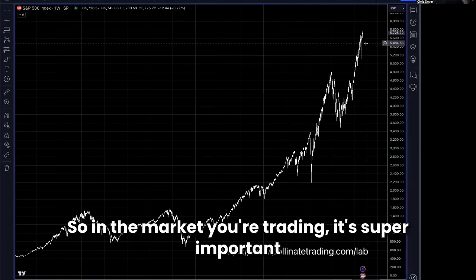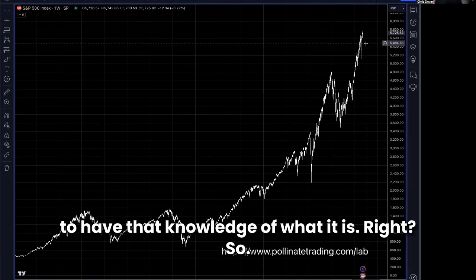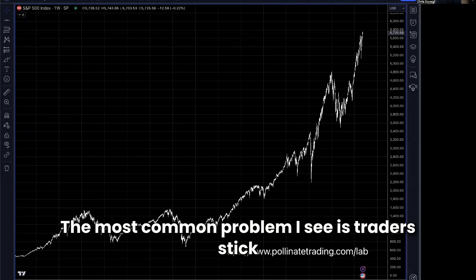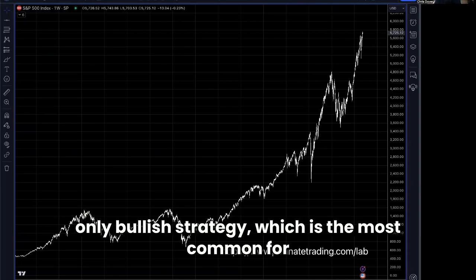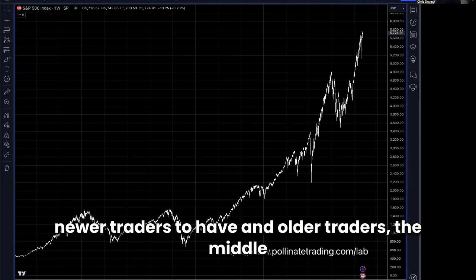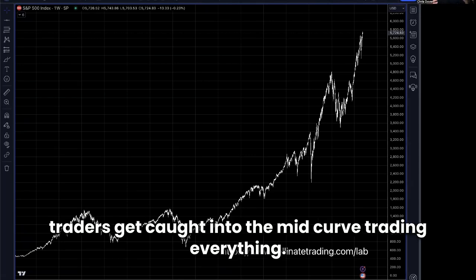So in the market you're trading, it's super important to have that knowledge of what it is, right? The most common problem I see is traders stick to one strategy, whether we're talking about a long only bullish strategy, which is the most common for newer traders to have, and older traders. Kind of the middle traders get caught into the mid curve trading everything.